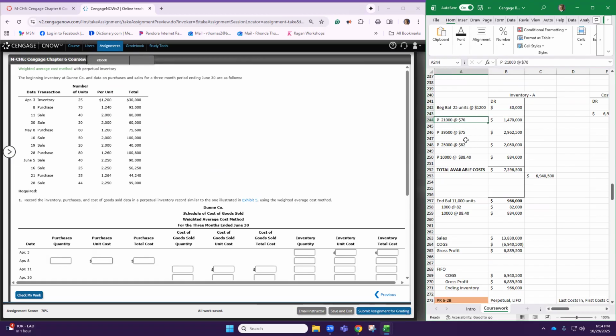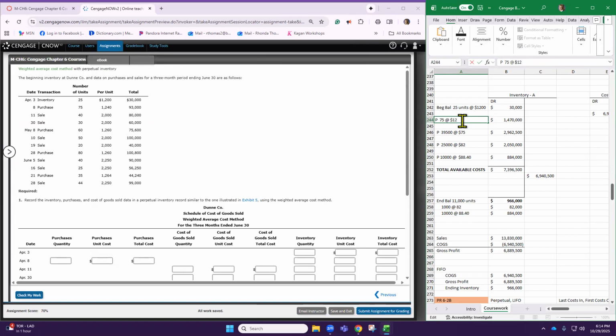Okay, now we're going to go to a purchase. Okay, you say, I thought we were doing perpetual. I know, but just to kind of show you how this works, so you can see it a little bit different way. The first purchase we make is 75 units at a cost of $12.40.